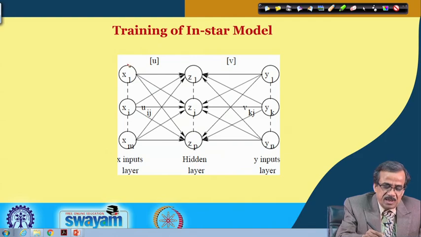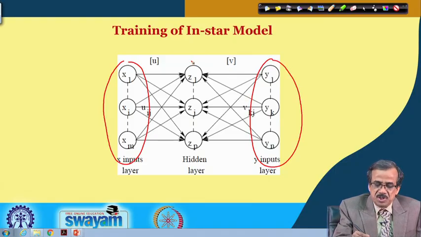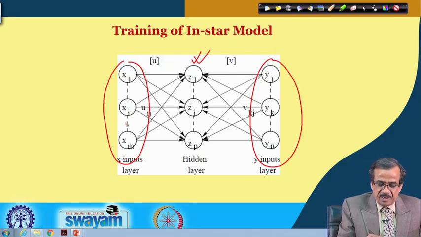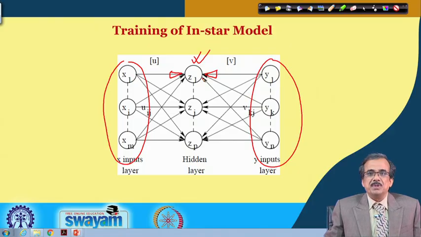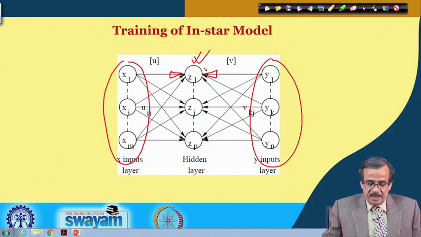For example, say this is one input layer, this is another input layer, and this is your hidden layer. From this particular x, I am moving towards the hidden, and from this particular y, once again we are moving towards the hidden. You can see the direction of the arrow. These are coming from both the sides, and this is nothing but your hidden layer.